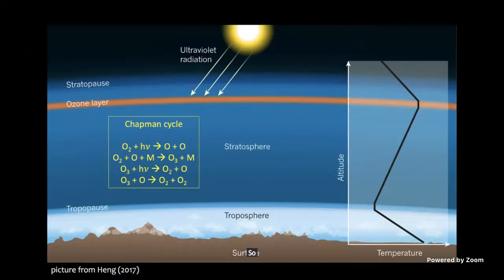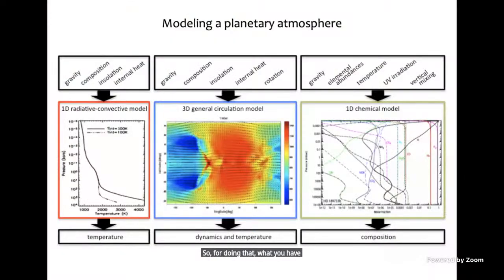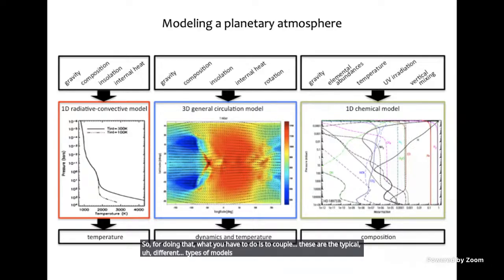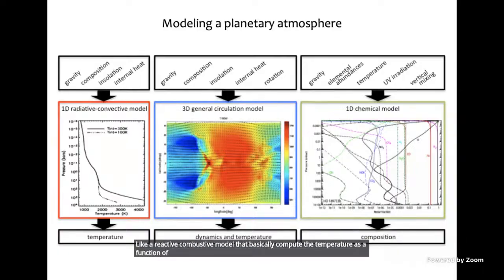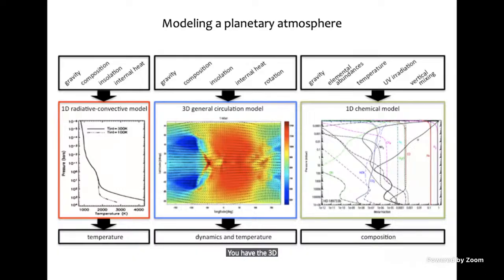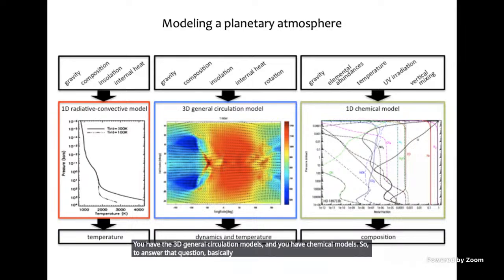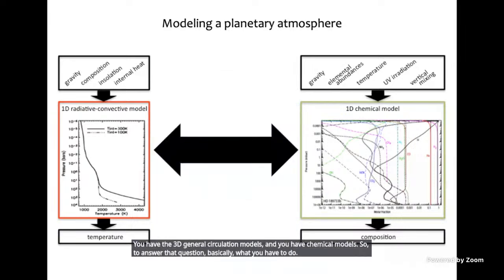For doing that, what you have to do is to couple different types of models. These are the typical models to describe a planetary atmosphere. We have radiative convective models that basically compute the temperature as a function of the altitude. You have the 3D general circulation models, and you have chemical models. To answer that question, basically what you have to do is to couple these two models.